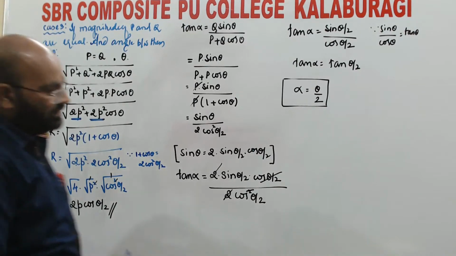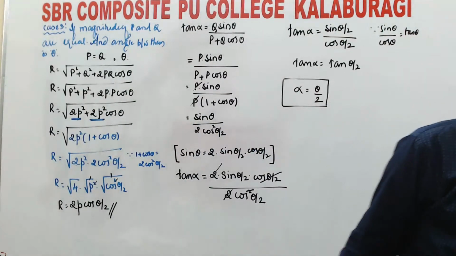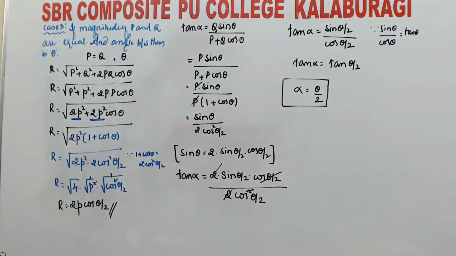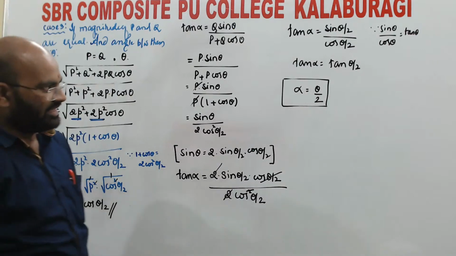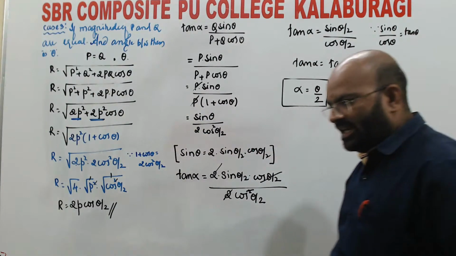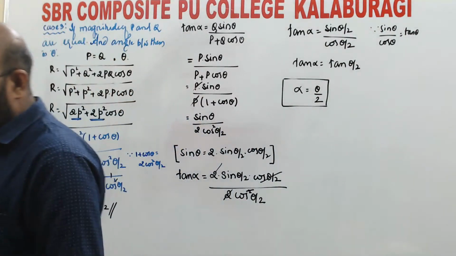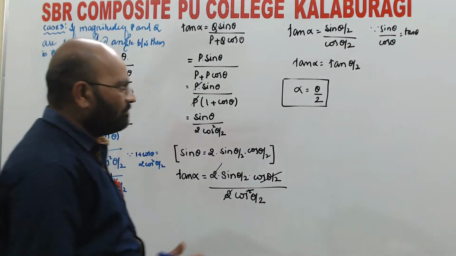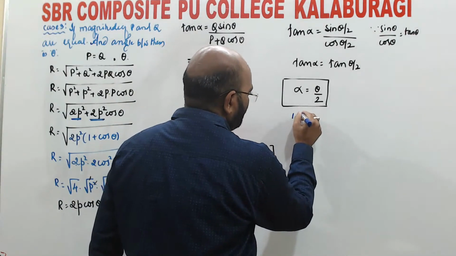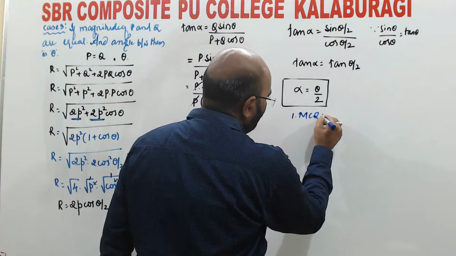Okay, now here, as we discussed in yesterday's class about the many conditions and the types of vectors and all those things, now in MCQ questions, how they are going to ask the question. So first let me go with one example. So first MCQ, multiple choice question.